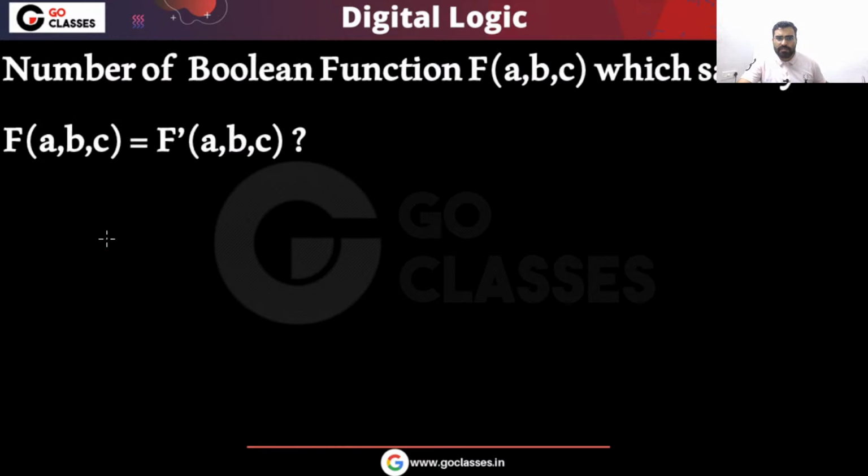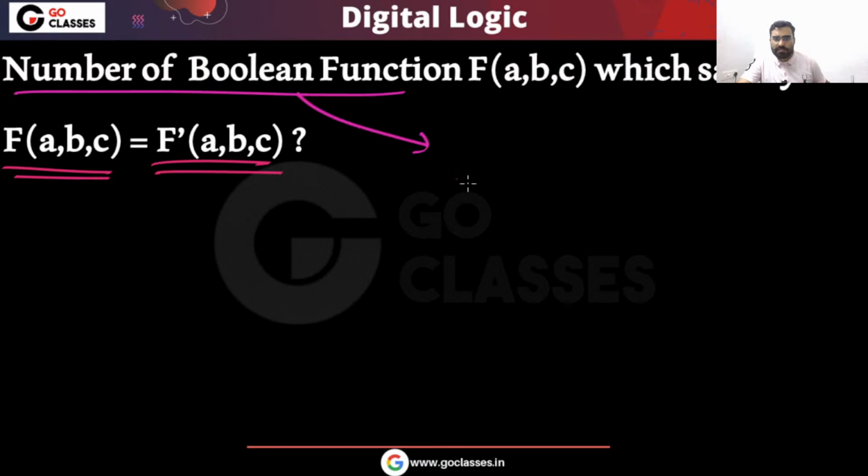Let's see this last question. F(A,B,C) is the same as F bar(A,B,C). How many such functions are there? What is the number of such functions? That will be 0.